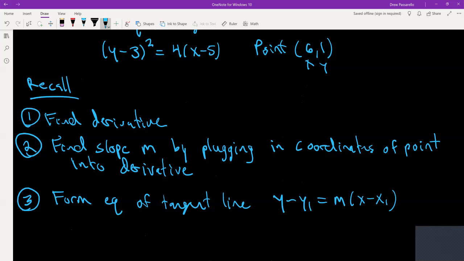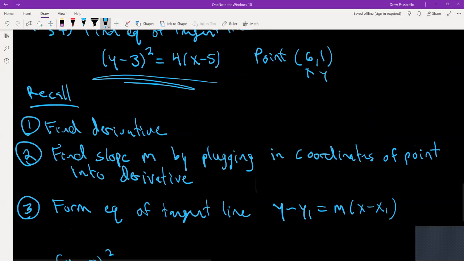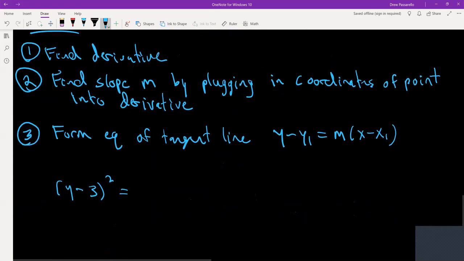All right, so our equation is (y minus 3) squared equals 4 times (x minus 5). I'm going to go ahead and distribute the 4, so it'll be (y minus 3) squared equals 4 times x, and then 4 times minus 5, so it'll be 4x minus 20.